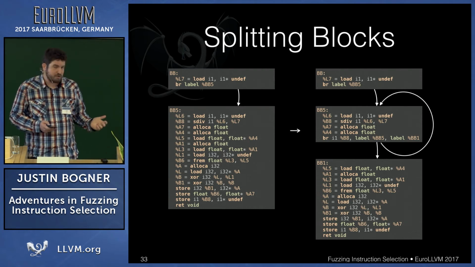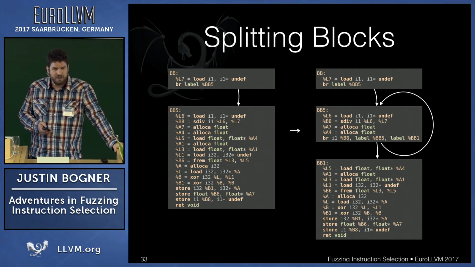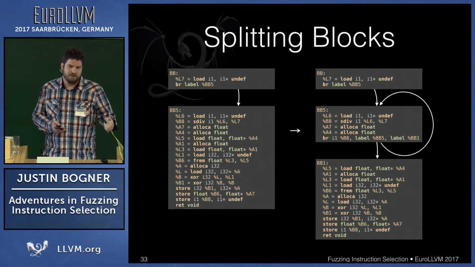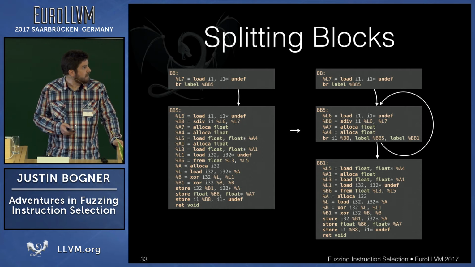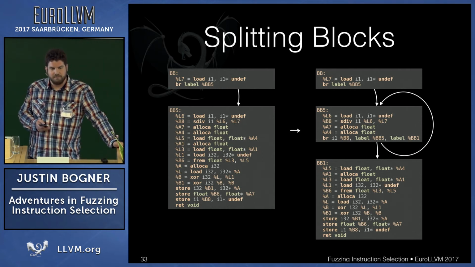The other edge conceptually can go anywhere you want, to any block in the function. But we avoid a lot of problems by taking a cue from the same way that LLVM-stress does it, and all we do is always create a loop back to the block we're in. This doesn't make the most interesting control flow, but when it happens multiple times, you can at least get nested loops.